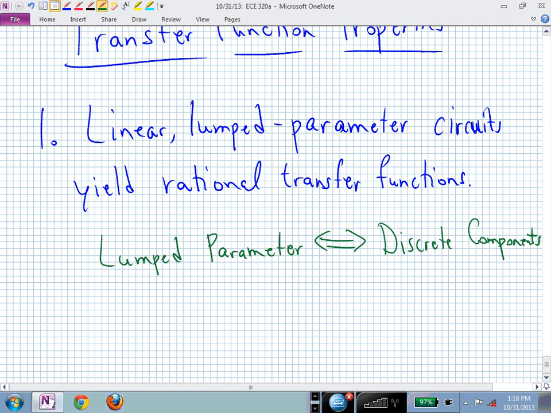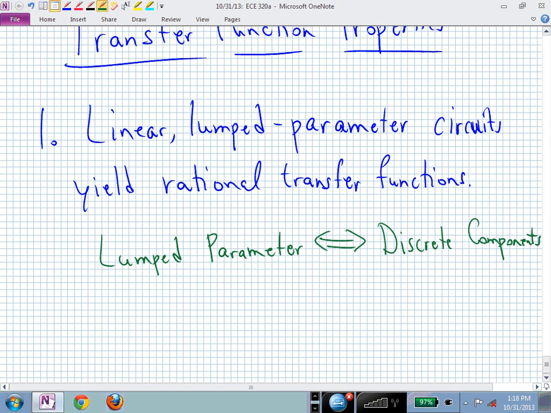That means you have a discrete resistor. You go to Josie and you get a resistor. You don't have to worry about the resistance throughout that entire line in the frequency range that we're analyzing the circuit with respect to. We don't have to worry about the inductance of that entire line because the frequencies that we're dealing with have wavelengths that are huge relative to these circuits that we're building. And because of that, we can lump all of this resistance into one element.